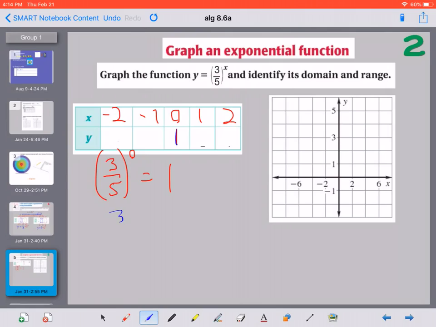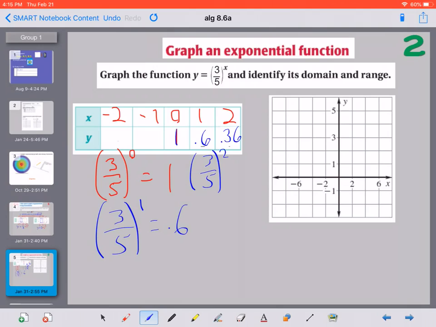Then we have (3/5) to the power 1, which is really just 3/5. So I'm going to write that as a decimal, and I'm going to say 0.6. Then maybe (3/5) squared. (3/5) to the power 2 gives me 0.36.